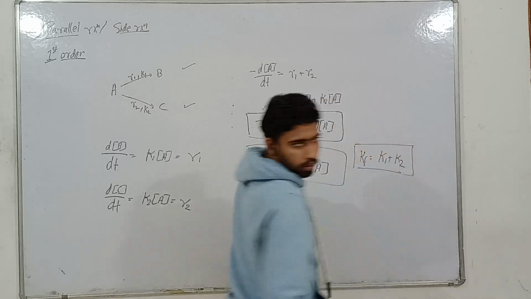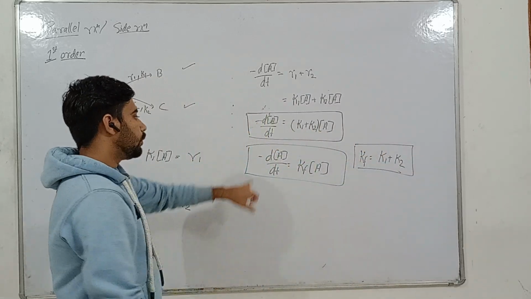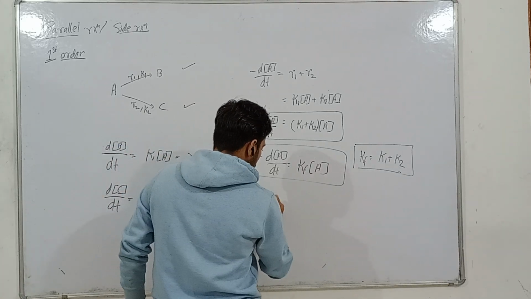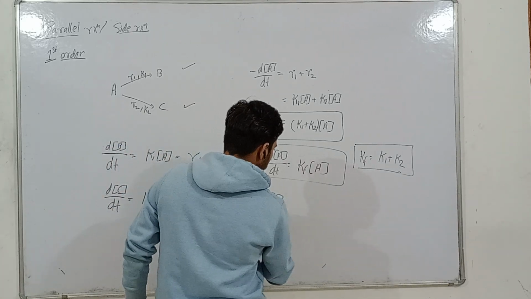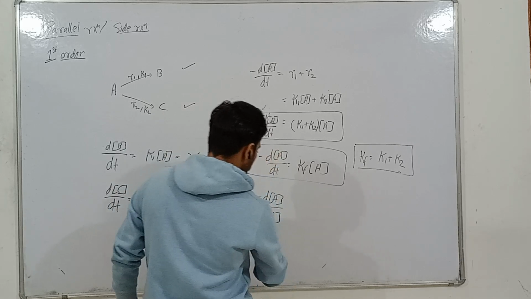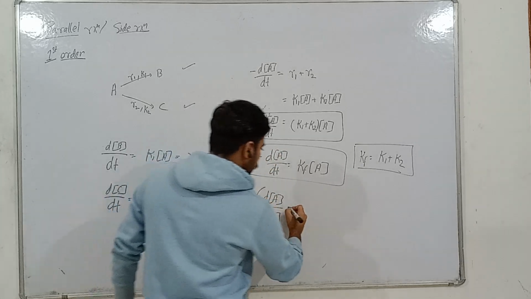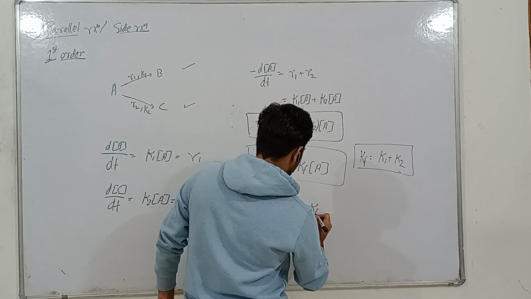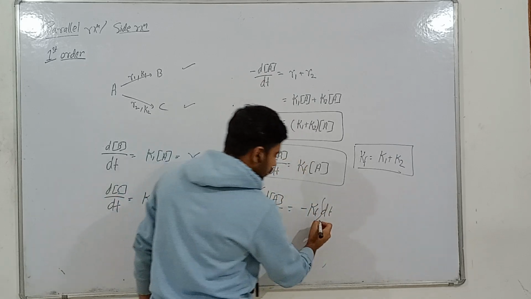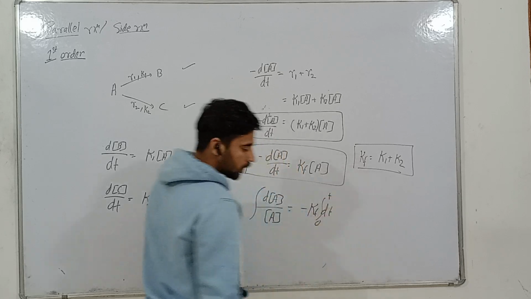Now we integrate both sides. Minus dA by dt, A comes here: minus dA by A equals minus Kf into dt, from t equals 0 to t.